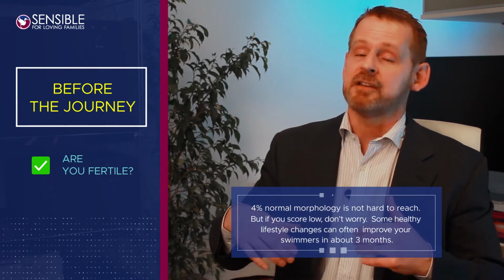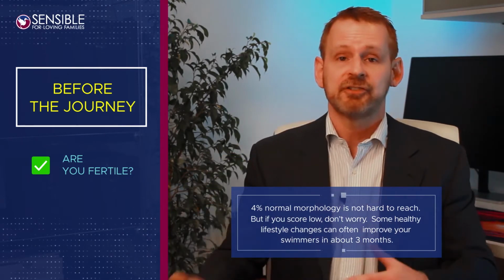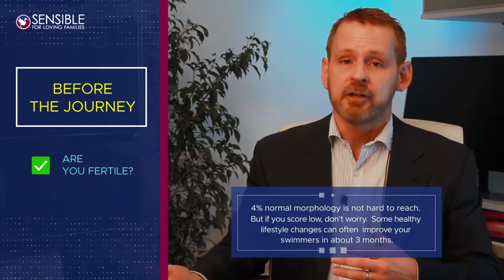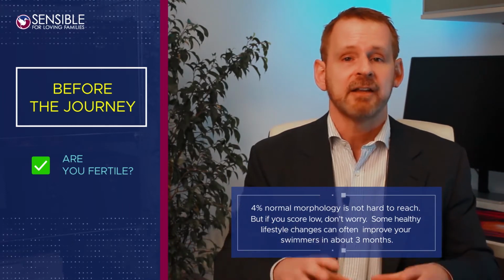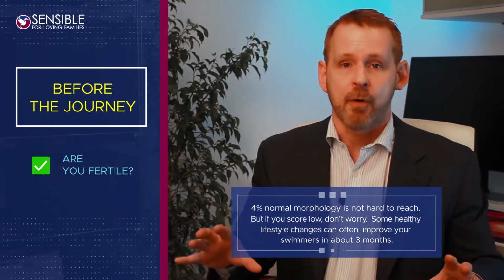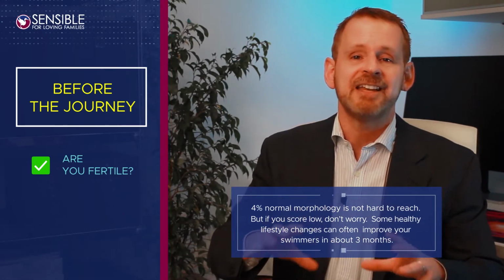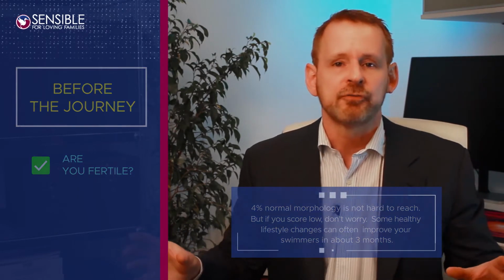Now, for intended mothers who want to donate their own eggs, the requirements are a little bit more strict. There are essentially 2 requirements that have to be met. The first is a screening of fertility hormones, done on day 2 of the woman's natural cycle. A variety of hormones would be screened for, but what we're most interested in is the AMH levels.